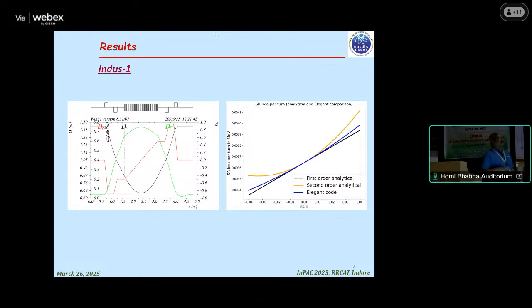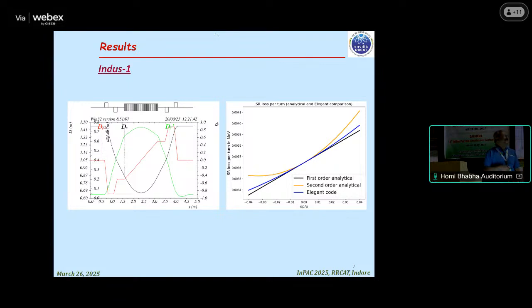Now if we compare the results using the simulation tool elegant, there is a really interesting discrepancy. This curve shows the formulation which I have derived, and this shows the radiated energy with momentum offset using elegant. Elegant is giving a lesser nonlinear effect than the obtained formulation. Still, elegant uses up to third order terms.